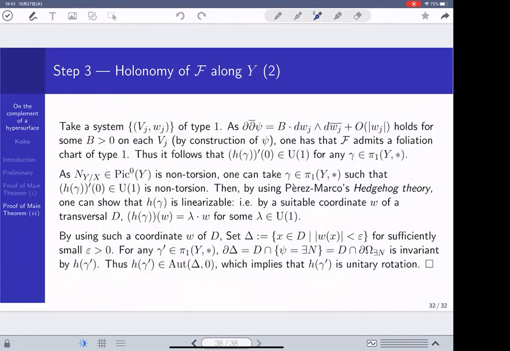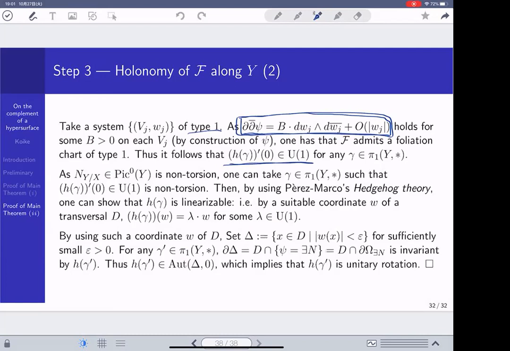The last part, step 3. Here we want to show that the holonomy H is a unitary rotation. Take a system Vj, Wj of type 1. By the proof of assertion 1, the complex Hessian of psi is like this. I will not explain the details, but from this, we can say that the linear part of each holonomy function H gamma is a unitary constant.